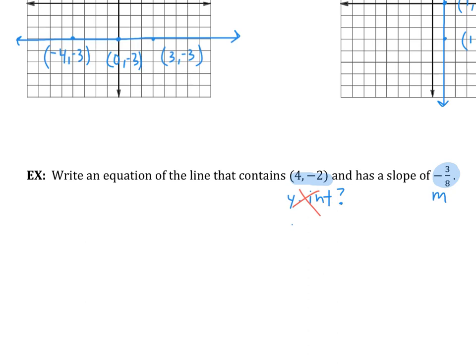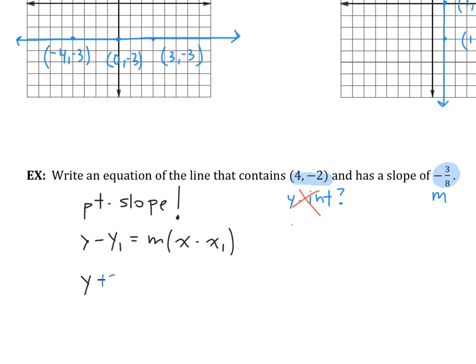So if we don't have our y-intercept, we have some other point, and we have our slope, what's the best form of the line to choose? Hopefully you're able to say point-slope. So point-slope form, remember y minus y1 equals m times x minus x1. And now let's plug in. So we have y minus, well, what's our y value? Hopefully we see it's negative 2.